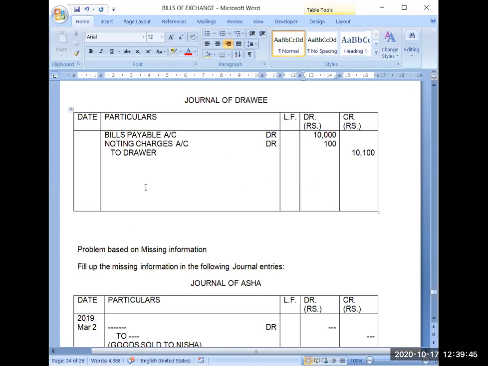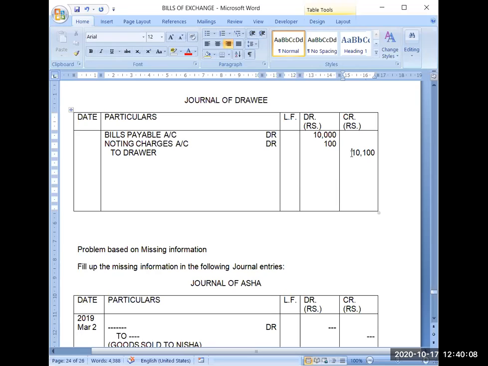Now coming to the drawee, his liability for bills payable will get finished, 10,000. He has to book an expense, noting charges 100, and again the drawer will become his creditor for rupees 100, 10,100. So in the morning we have done a combined question for all the cases without noting charges.